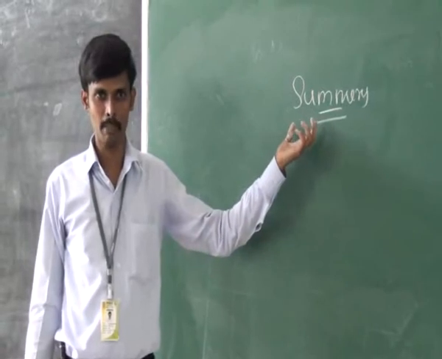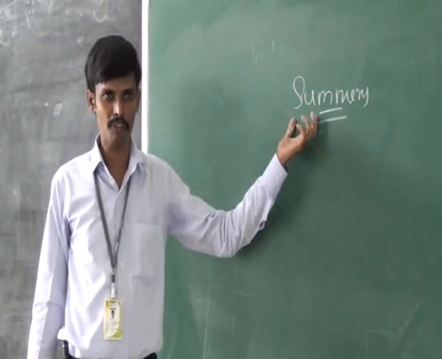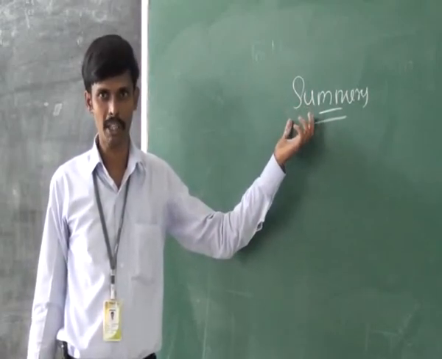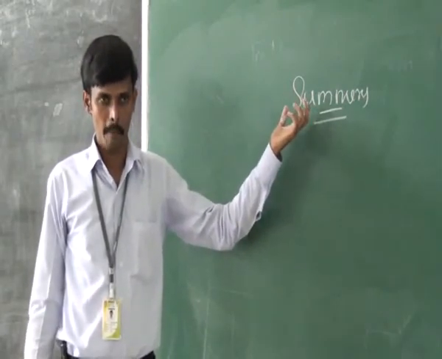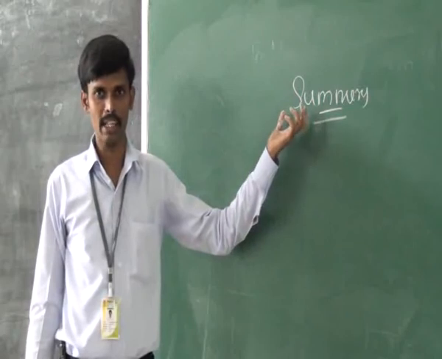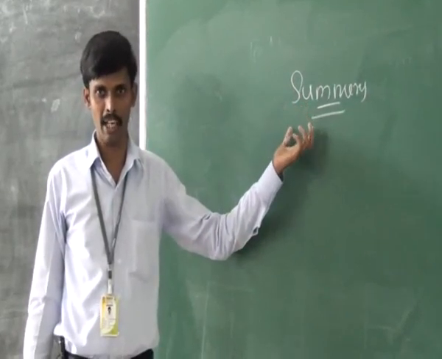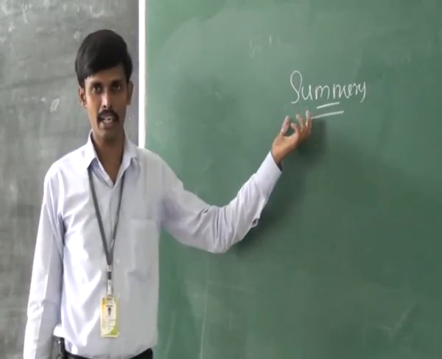The next one is demultiplexer. Demultiplexer is also a combinational circuit that performs the reverse operation of multiplexer. The last topic is comparator. Comparator is a combinational circuit that compares the magnitude of two numbers and determines their relative magnitudes, namely A less than B, A equal to B and A greater than B.